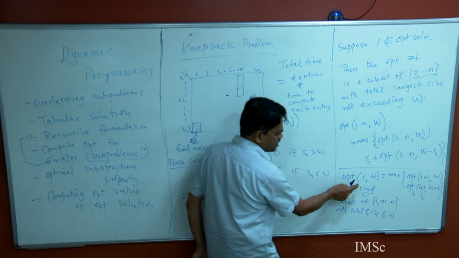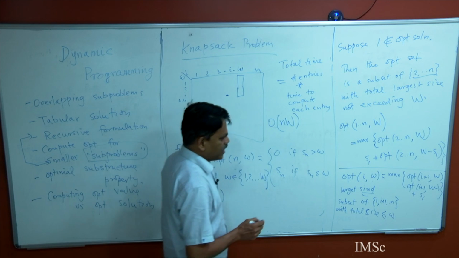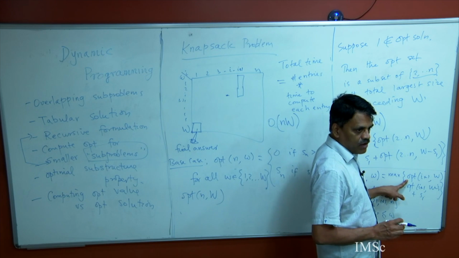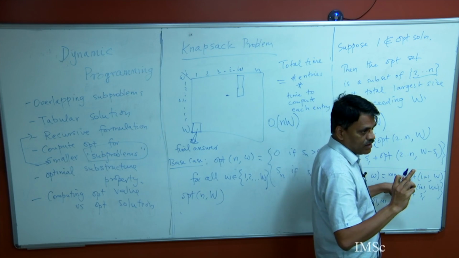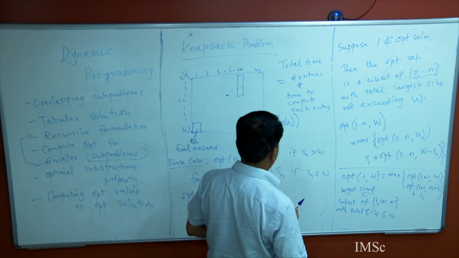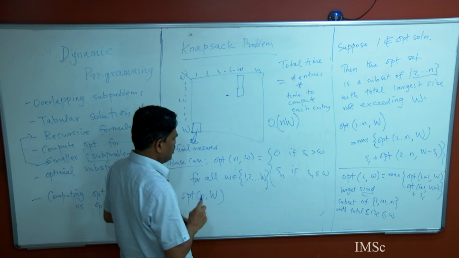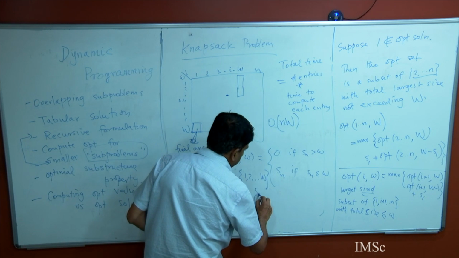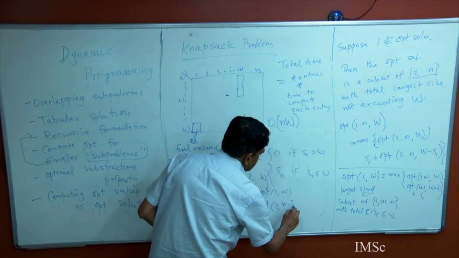But I know from this computation that this is a maximum of two things: opt 2W, or opt of 2W minus S1 plus S1.